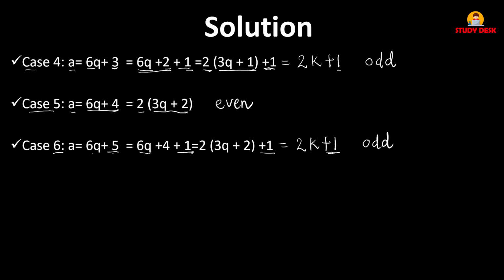So we have discussed a total of 6 cases where we started with r equal to 0, r equal to 1, r equal to 2, r equal to 3, r equal to 4 and r equal to 5. And in all the 6 cases, sometimes we got an even integer and sometimes an odd integer.